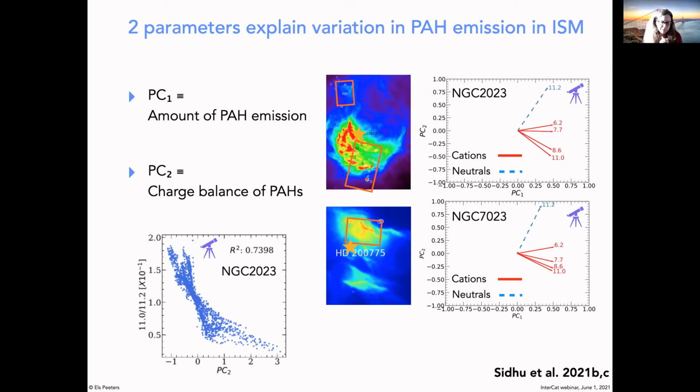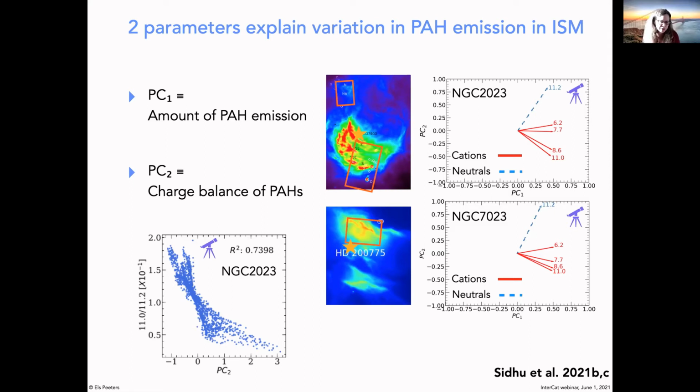And so we already know from lab data and theoretical data that 11.2 is typically assigned to neutral PAH molecules, while the others are assigned to ionic PAH molecules.